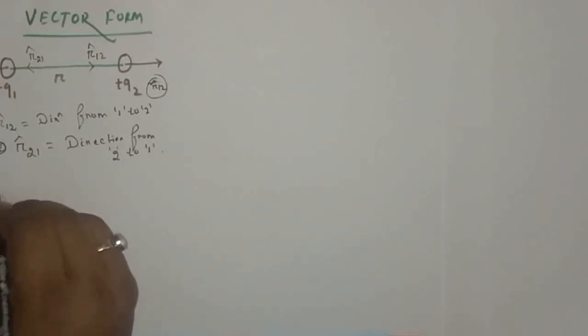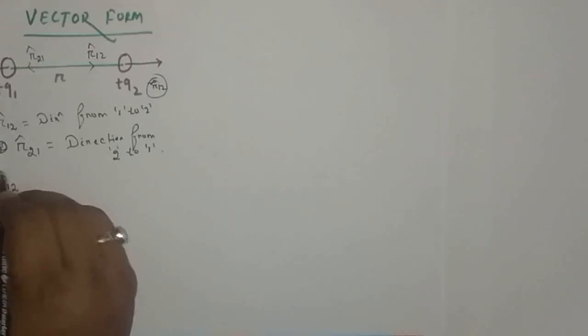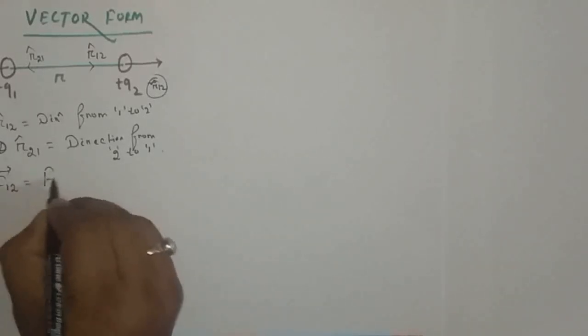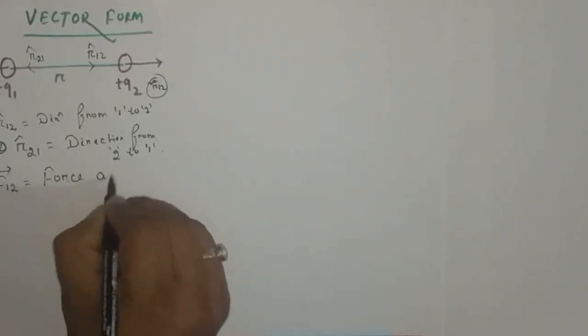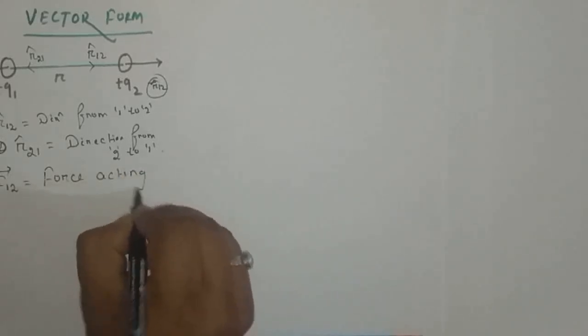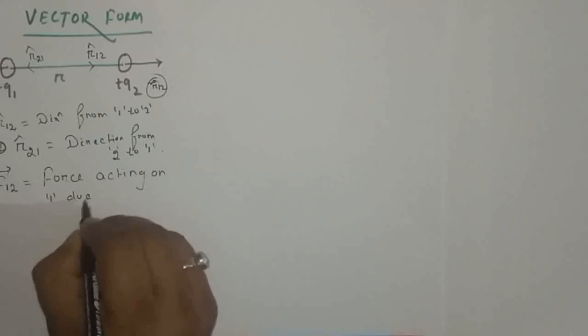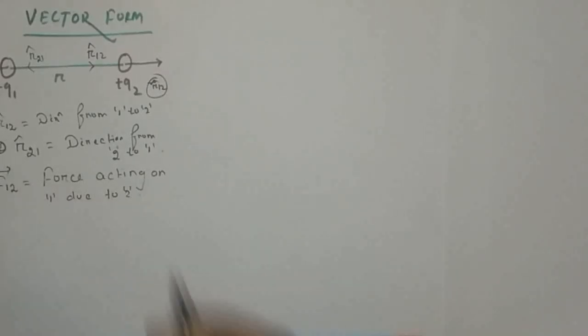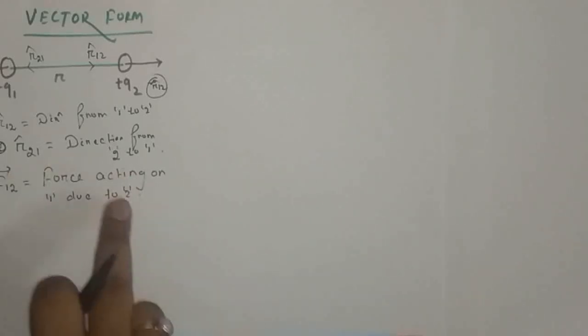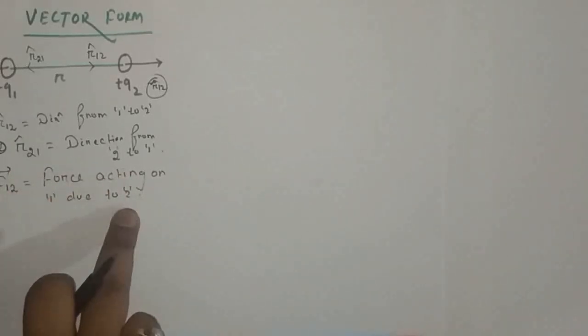Now let us think. Suppose I want to write F1 2 vector. That means force acting on 1 by 2, or due to 2. If I go for book language, it is force on Q1 due to Q2.